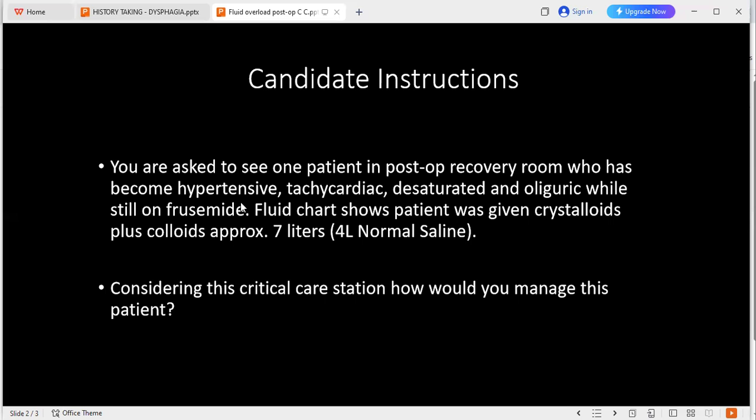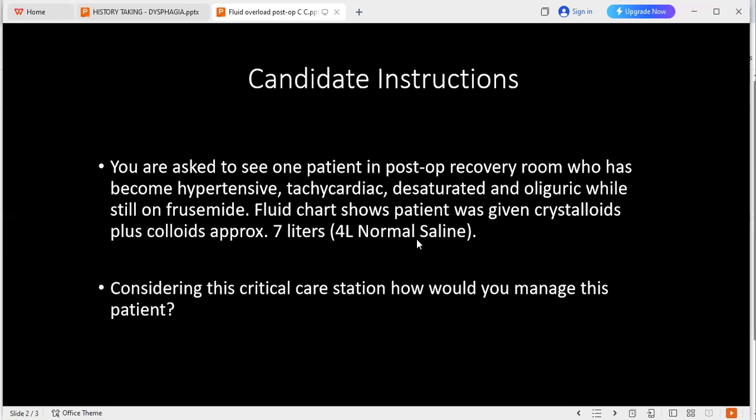Can you please tell me which fluid you would consider giving to the patient, normal saline or Hartmann solution, and why? We have to decide upon the condition of the patient. This patient has already received a lot of fluid, so now we have to stop the fluid.